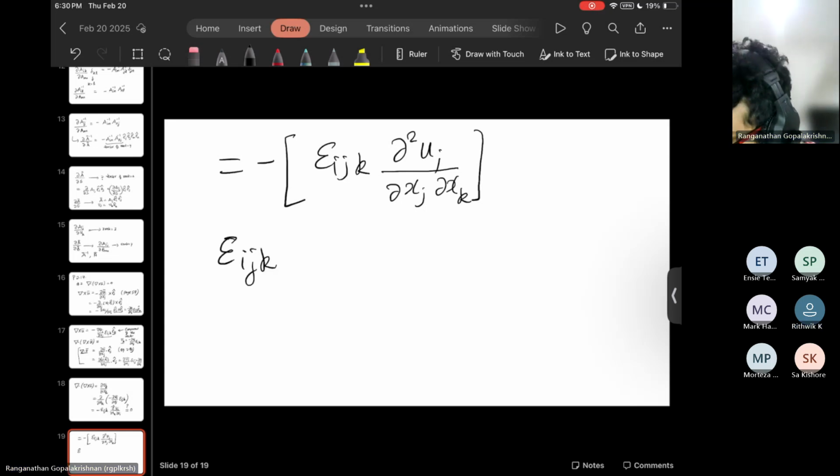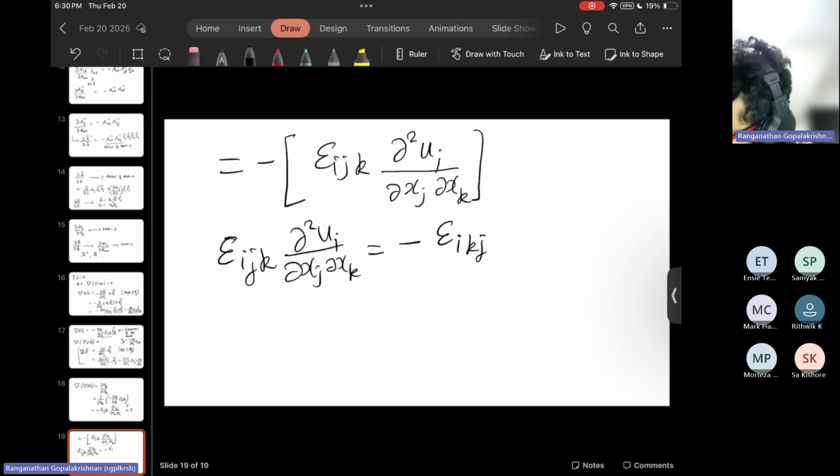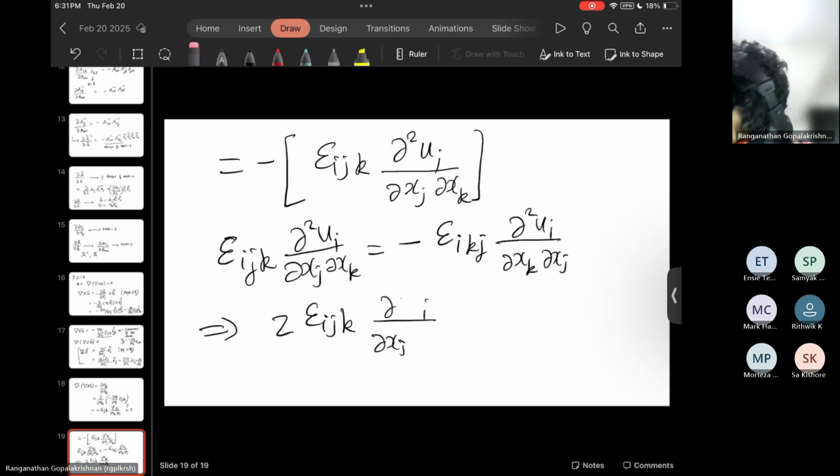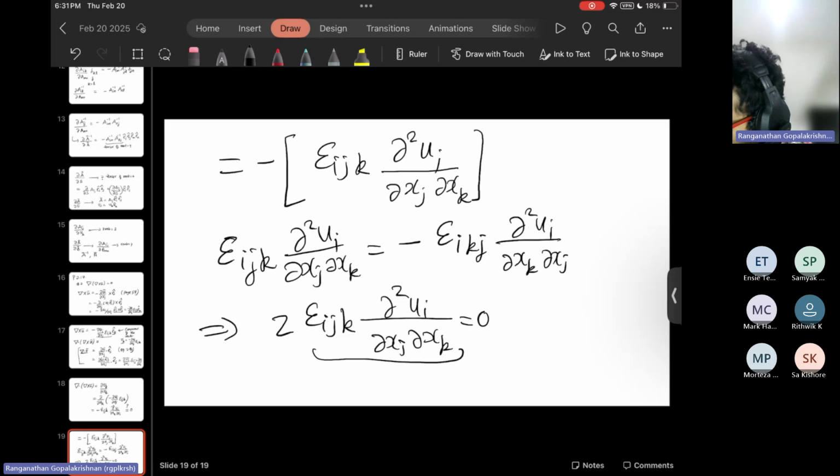Epsilon ijk second derivative of ui with respect to xj xk is equal to negative of epsilon ikj second derivative of ui with respect to xk and xj, which only means that this quantity is 2 times epsilon ijk second derivative of ui with respect to xj and xk, which is 0.